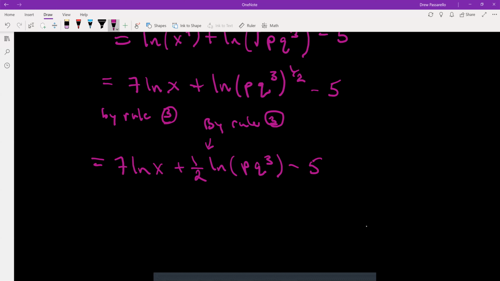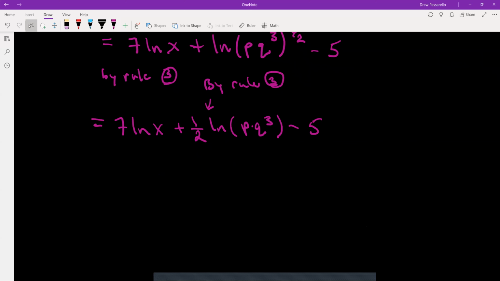All right, now we've got to be careful right here. So I do have a product. I have p times q to the third. And so how I'm going to expand this, because I have this 1/2, I'm going to put 1/2, and then I'll use brackets just so I don't have too many parentheses, and I'll expand this.